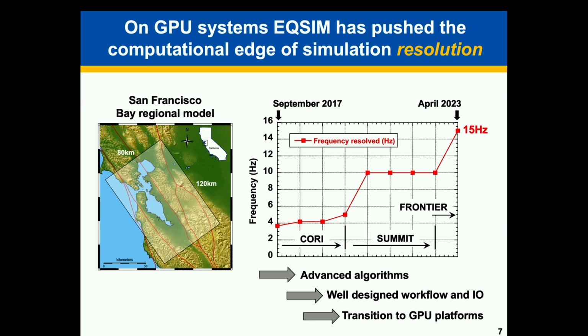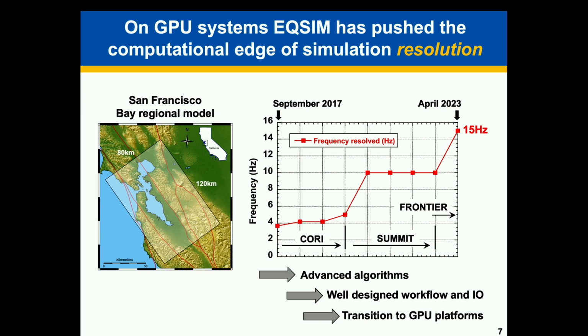When we first started the project in 2017 on the Cori CPU supercomputer at Berkeley Lab, we could compute this to a little less than 4 hertz, about 3.5 hertz. As a result of the algorithm developments, the design of the workflow and I/O, and the transition to GPU platforms, we successively increased that performance until we got to 15 hertz. We could compute the Bay Area at 15 hertz.